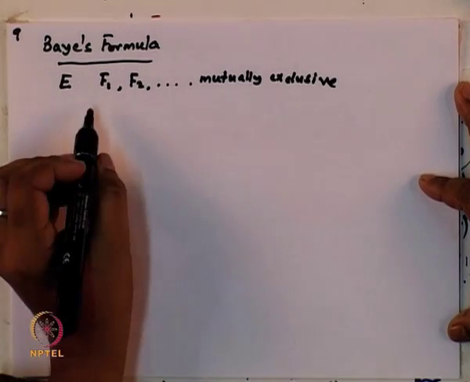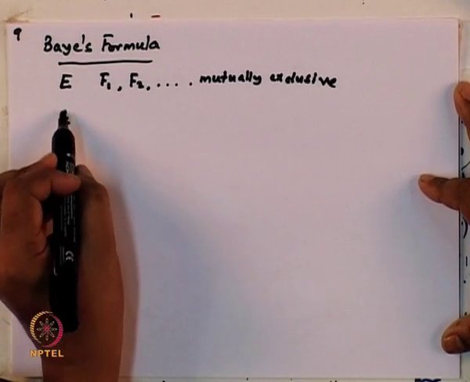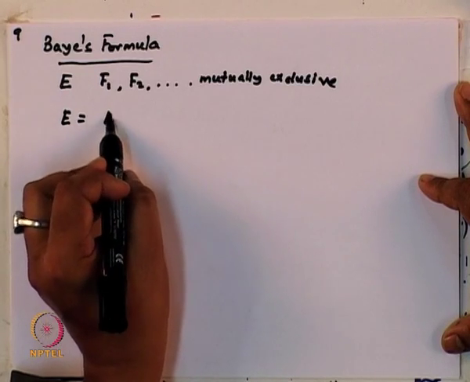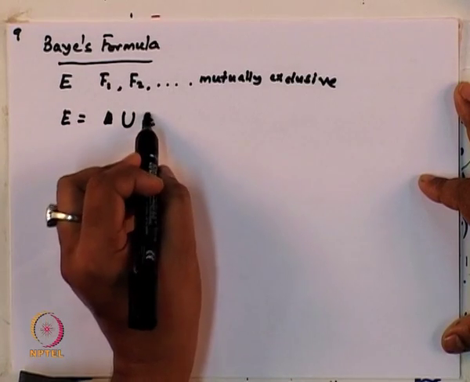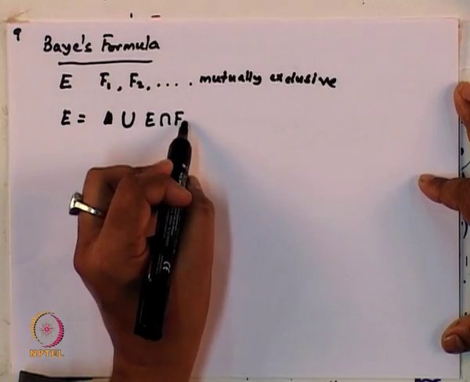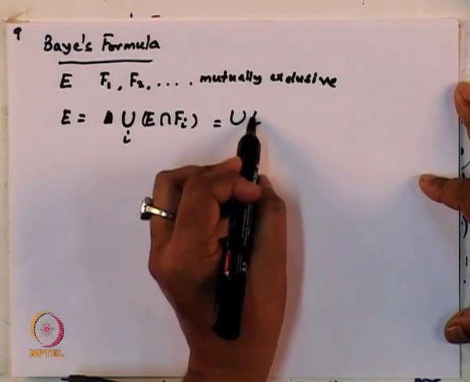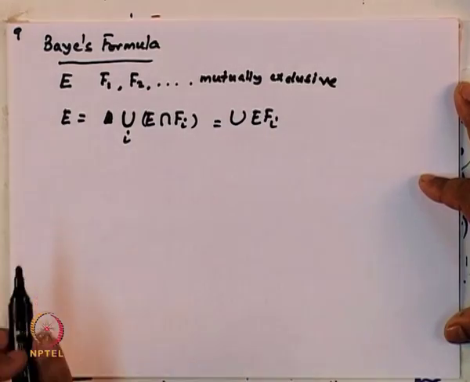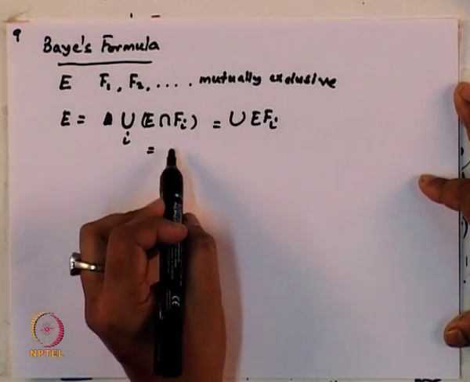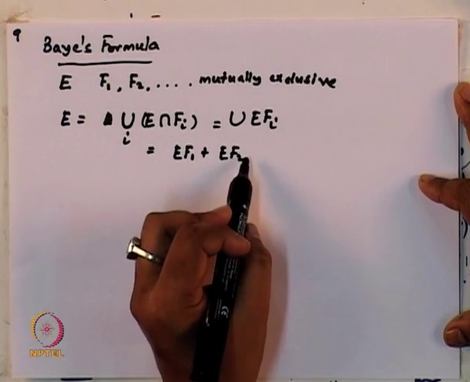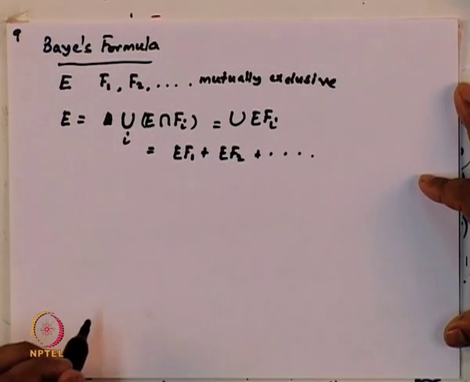I can write down this formula: E is equal to the union of E intersection F_i over all i, which is nothing but EF1 plus EF2 plus so on.